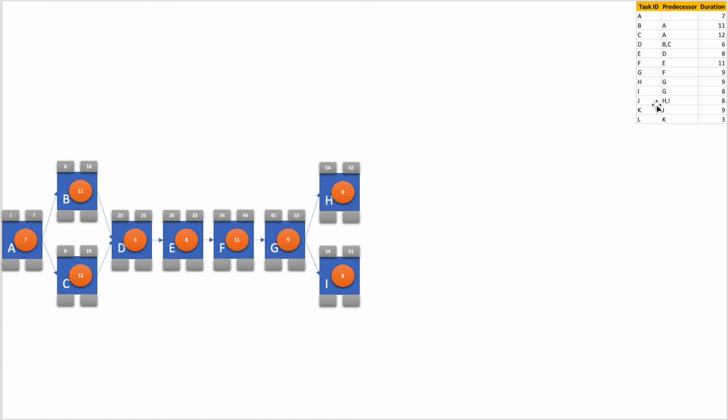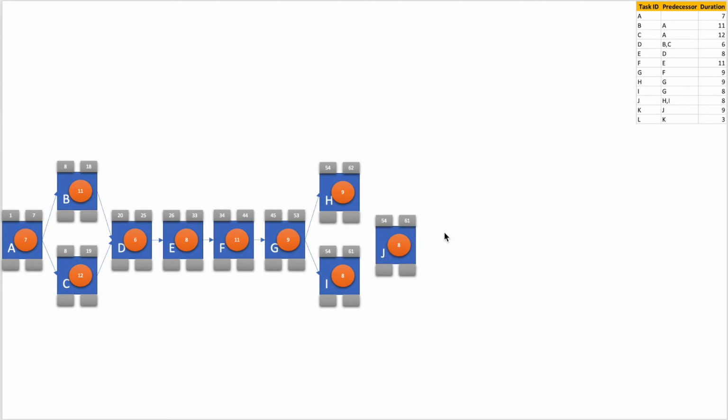Next, we have activity J, which follows activity H and I. So I will create activity J to follow activity H and I. This is my activity J. Activity J takes 8 days, so we have that.